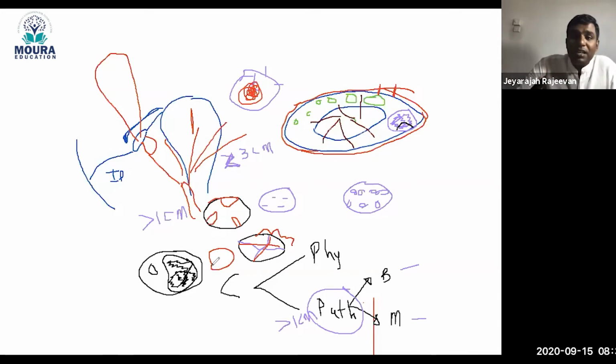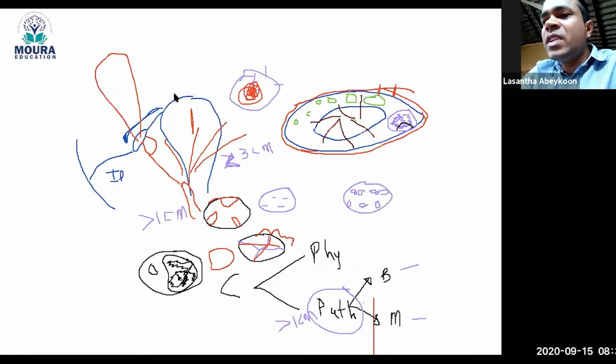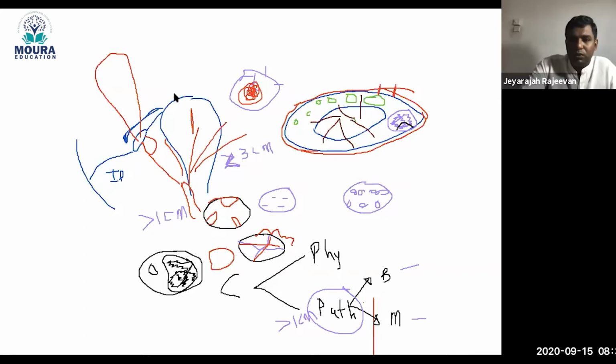And one of the features of malignancy is, you might have heard, angiogenesis. What do you understand by angiogenesis? Increased vascularity. Yes, new vessel formation. So in malignancy, there will be more and more new vessel formation.